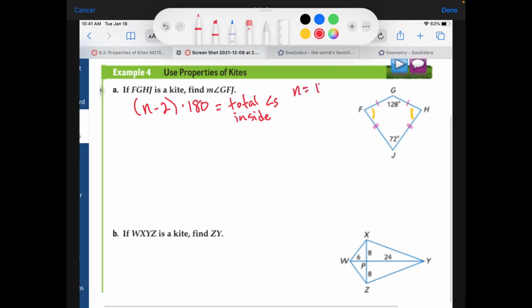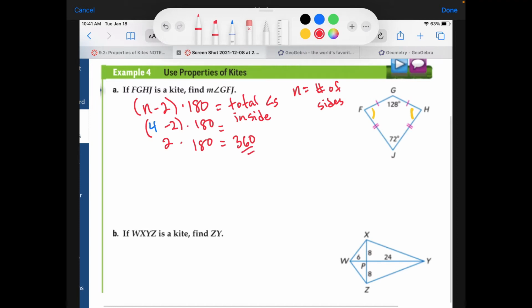We have 4 sides, right? N equals the number of sides. So we're going to say 4 minus 2 times 180. And we'll find that this gives me 2 times 180, which is going to be 360.